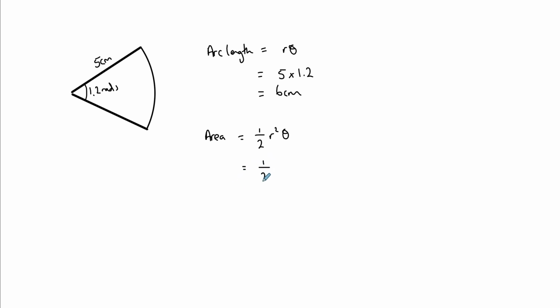So that's going to be a half times 5 squared times 1.2, which is 25 times 0.6, which is 15 centimeters squared. So again, really simple to work out, really quick, and we've got nice round answers because of how I gave you the angle.